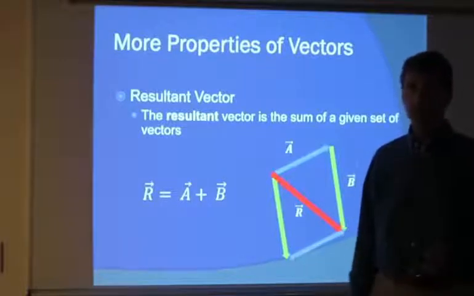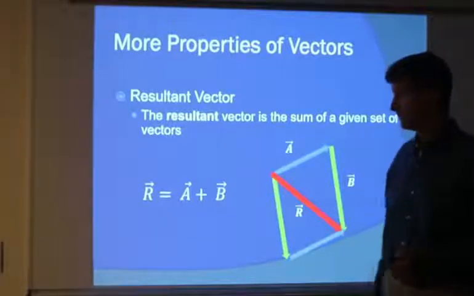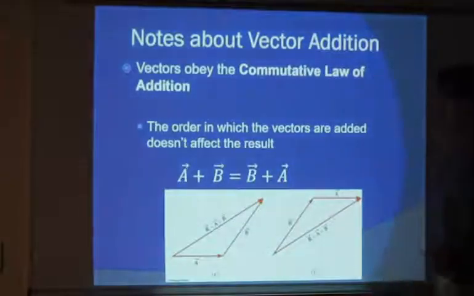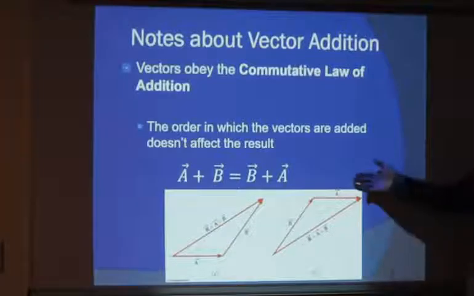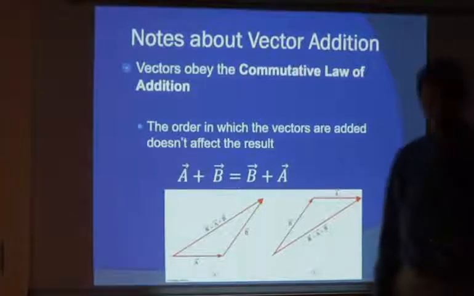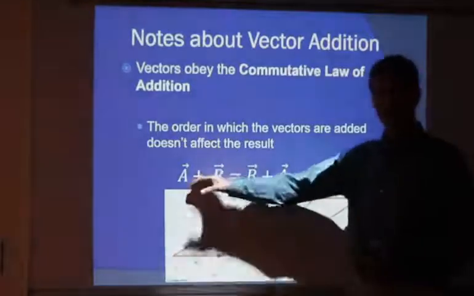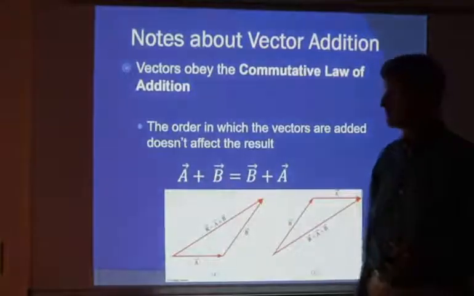Okay, I can only do this with two vectors, but this polygon or other method works just as well. And as I said, it doesn't matter which vector you start with. Okay? The commutative property basically says order doesn't matter.